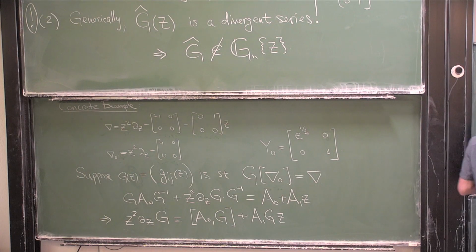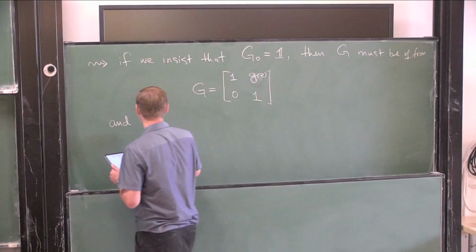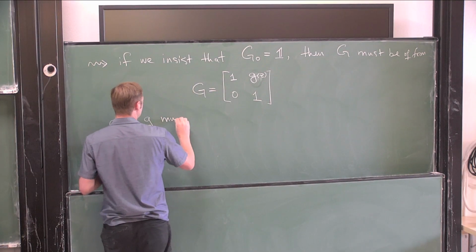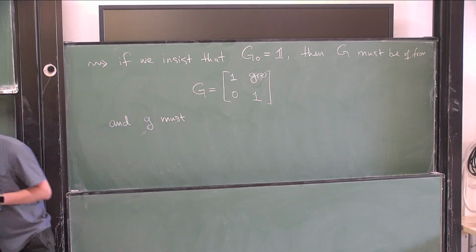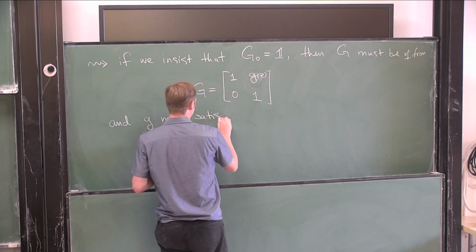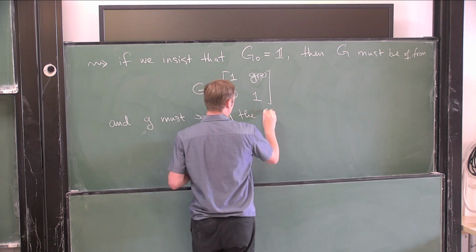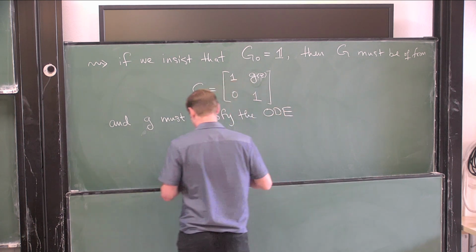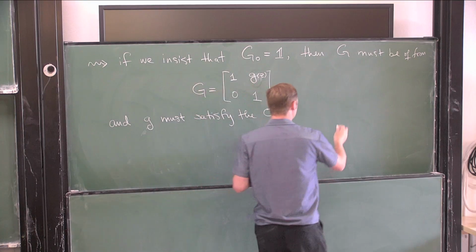And this G of Z must satisfy a differential equation. That differential equation just comes from this differential equation. And the differential equation looks like this.